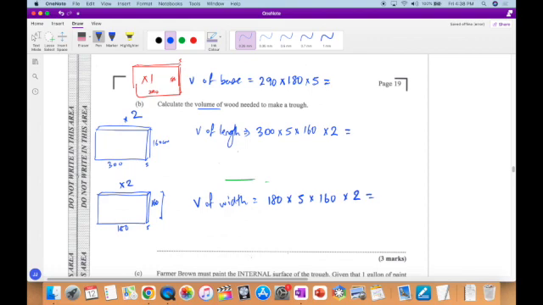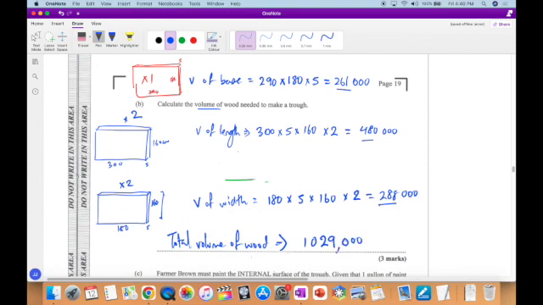And so when we work all of this out, so for the base I got 261,000, for the length I got 480,000, for the width I got 288,000, and so therefore total volume of wood would end up being 1,029,000, and put your commas there, centimeter cube.